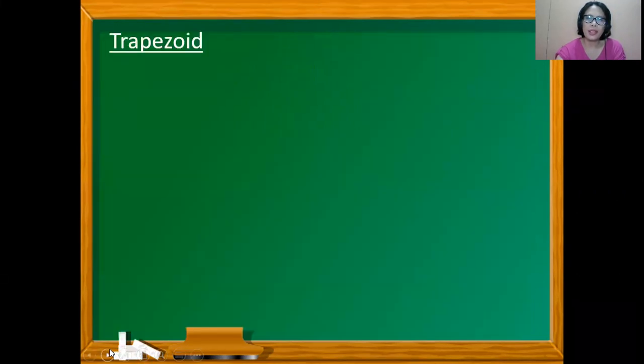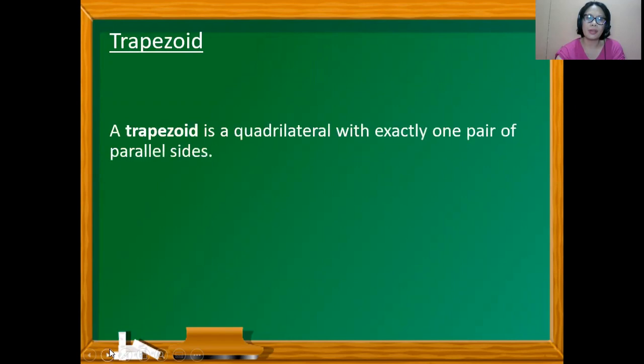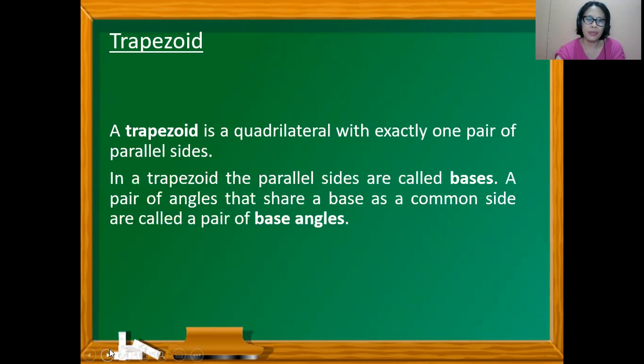So we'll proceed now to trapezoid. A trapezoid is a quadrilateral with exactly one pair of parallel sides. In a trapezoid, the parallel sides are called bases. A pair of angles that share a base as a common side are called a pair of base angles.